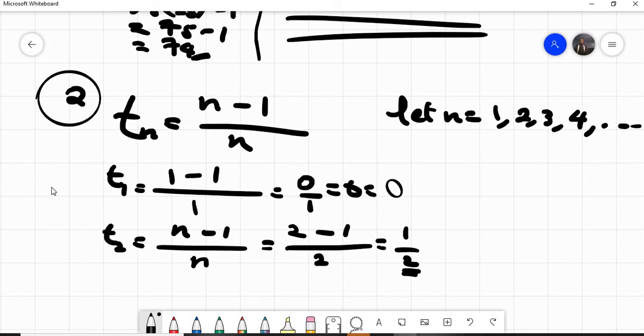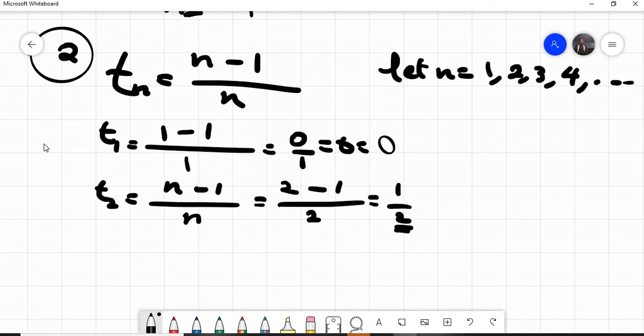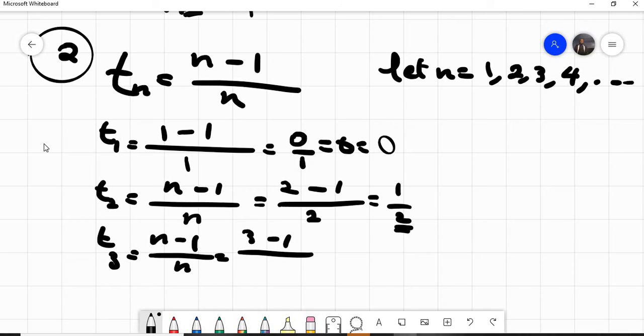So T3 is going to be, the formula first, n minus 1 over n, which is 3 minus 1 over 3, which is 2 over 3. So the next one is 2/3.